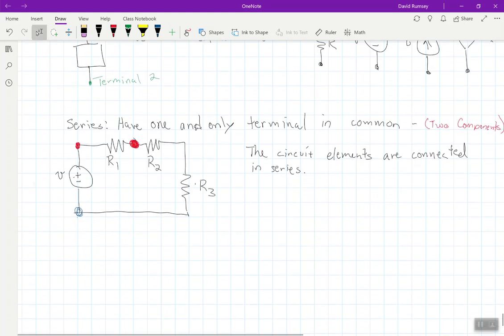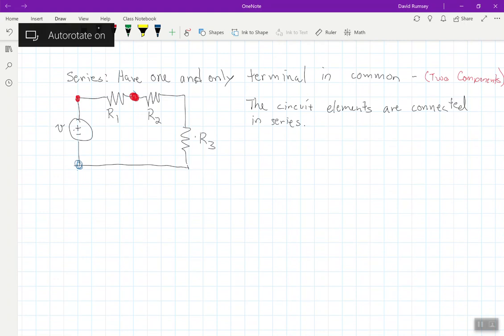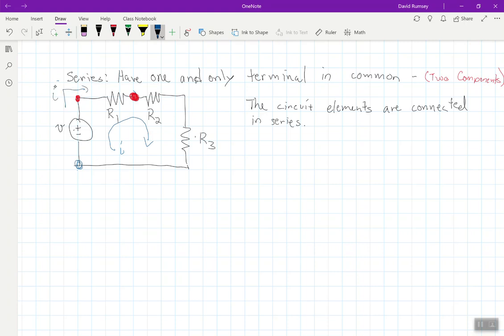All right. But before we move on with parallel, let's talk about something that's critical with series circuits here. Go away, auto rotate. If I'm going to draw a loop here, we're going to draw this as a current. So I'm going to draw some current I here.